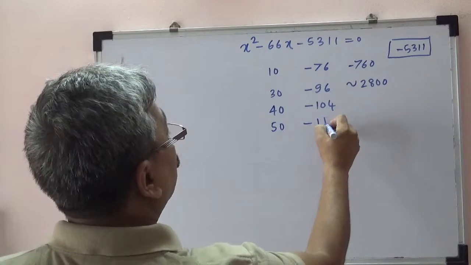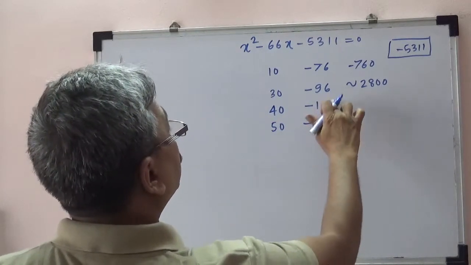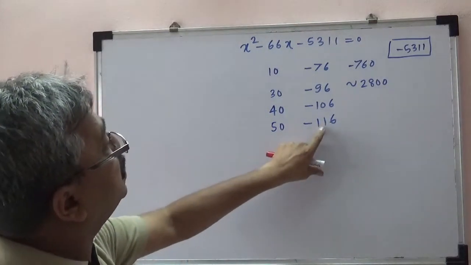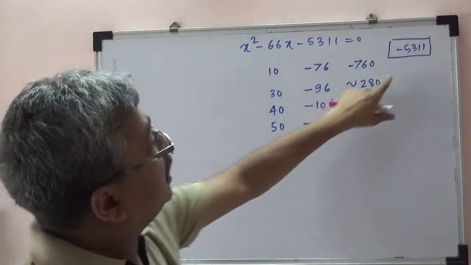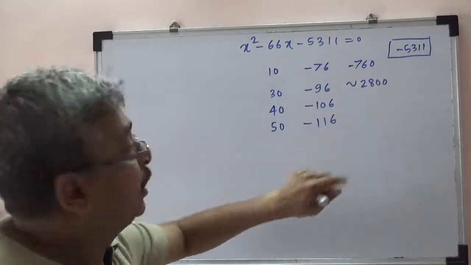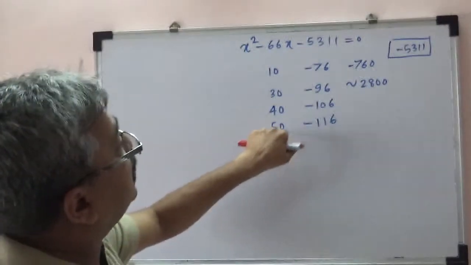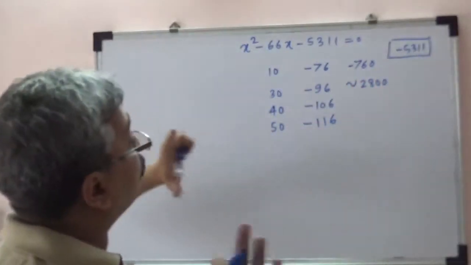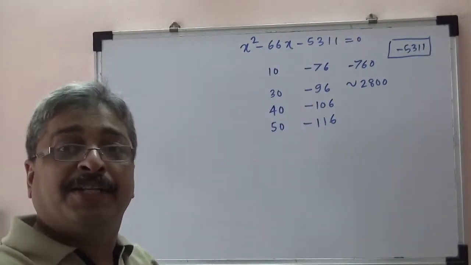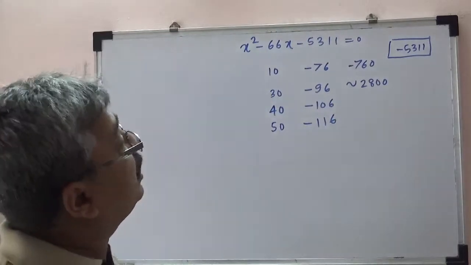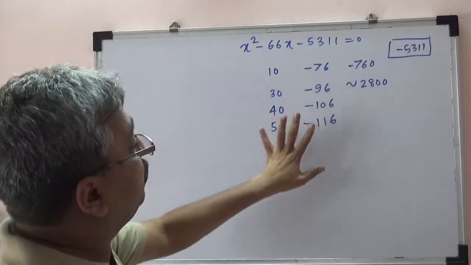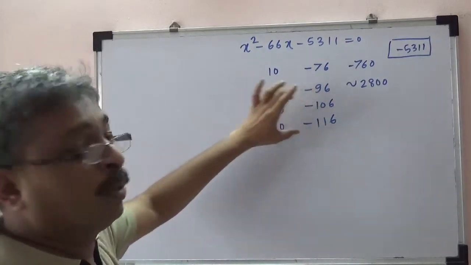50, minus 116. Sorry, not 4 here, it is 6. Now if I observe, this is going to be greater than this because 11 into 5 is 55, which is more than 53. Therefore this guess is definitely crossing this number. Now therefore I am sure, if at all this particular expression has got integer roots, that means two integer values of x will satisfy this, then those integers must be between these two pairs.